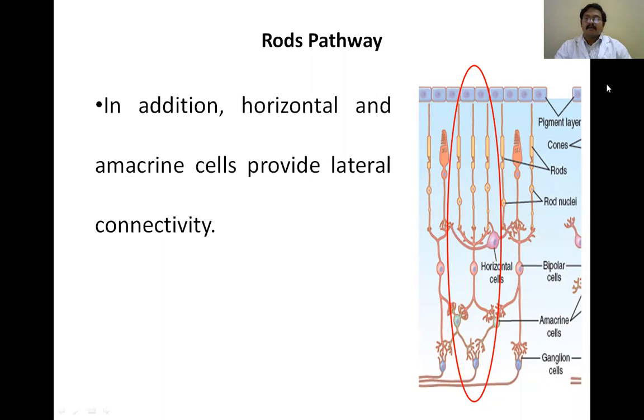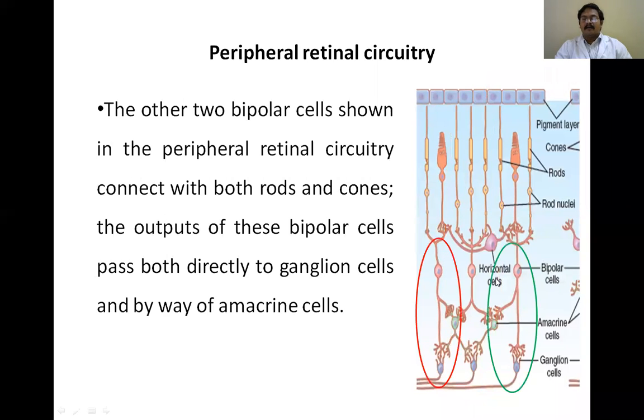In cone vision, we have seen that they synapse directly. In addition, the horizontal cells and the amacrine cells provide lateral connectivity: the horizontal cells in the outer plexiform layer, and the amacrine cells in the inner plexiform layer.